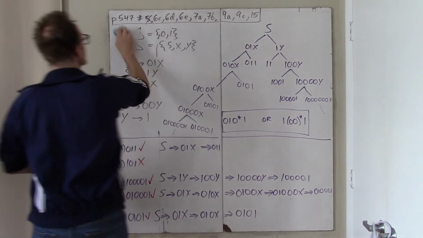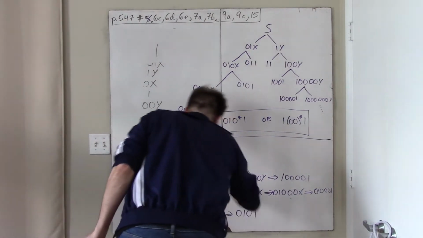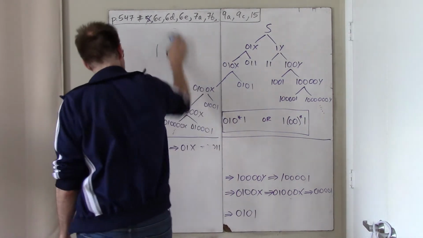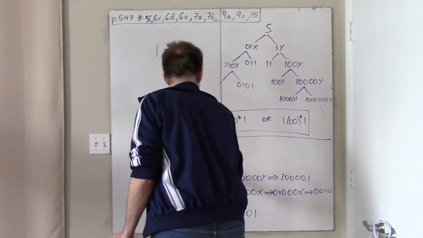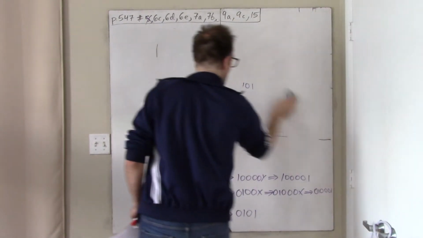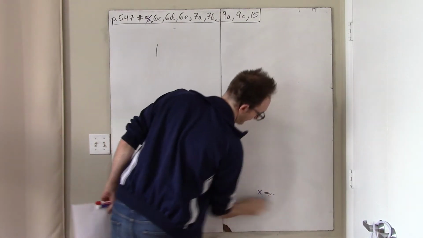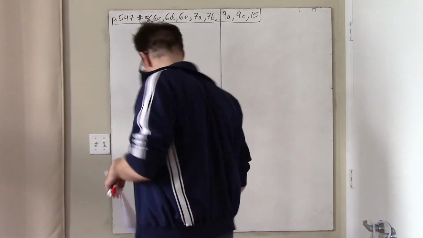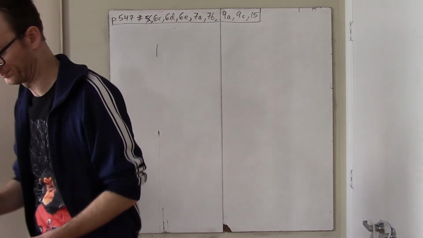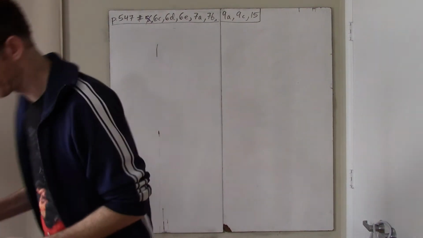Problem 6, I found really hard. I spent a lot of energy trying to figure out what this grammar does, and I just got really confused and made a bookmark to revisit this once I learned some more theory.